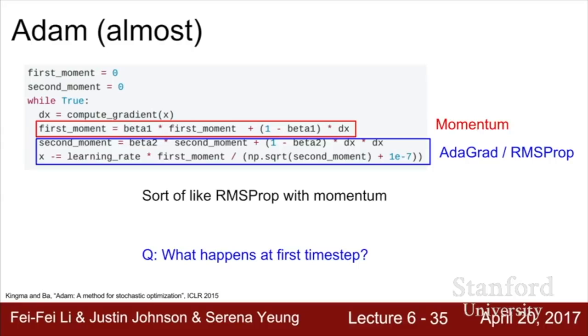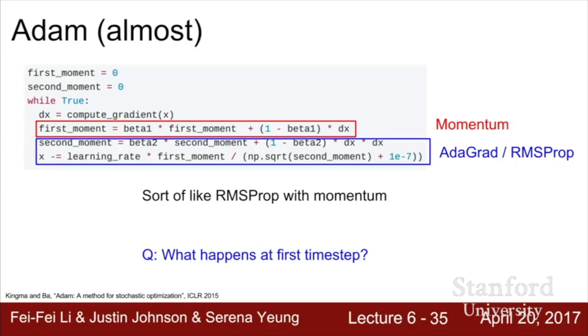And now when we make our update step, we step using the first moment, which is kind of our velocity, and also divide by the square root of the second moment, which is this squared gradient term. So this idea of Adam ends up looking a little bit like RMS-prop plus momentum, or momentum plus second squared gradients. So it incorporates the nice properties of both.